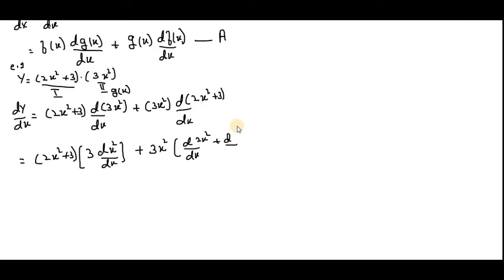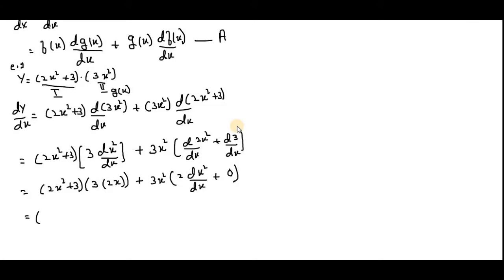D by dx 2x square plus d by dx 3. So here we get 2x square plus 3, and applying the power rule, plus 3x square, and again we are going to apply the constant times function, dx square divided by dx, and we know that 3 is a constant, so its derivative is 0.